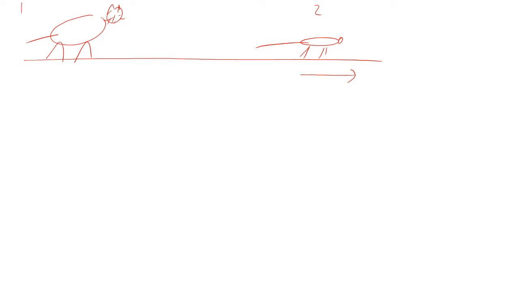So the velocity here, to make the math easy, we're going to say 2.61 meters per second constant velocity. The cat is initially at rest and starts accelerating with an acceleration of 3.55 meters per second squared.